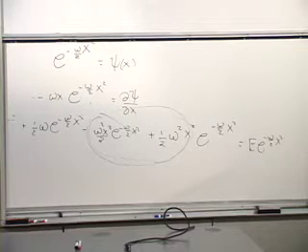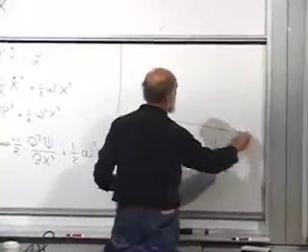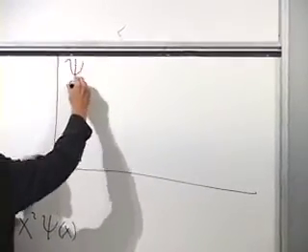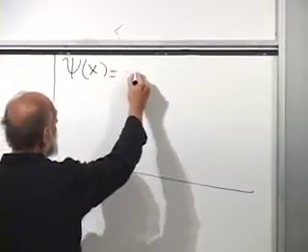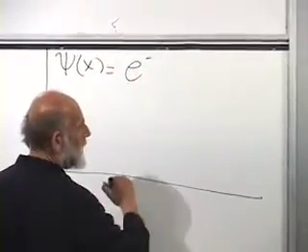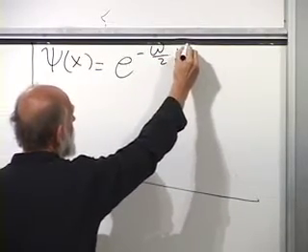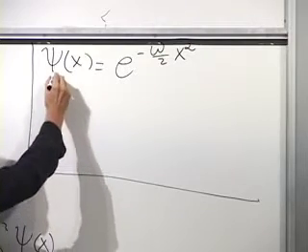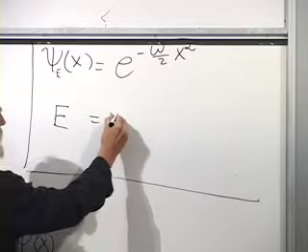We found a single eigenvector, psi of x equals e to the minus omega over 2 x squared, that corresponds to an eigenvalue e equal to omega over 2.